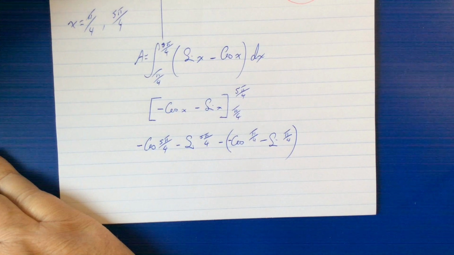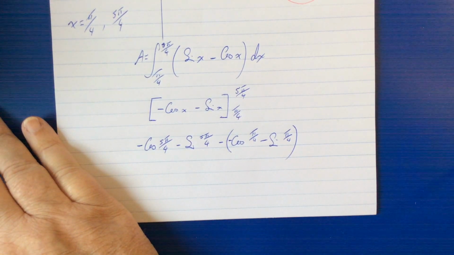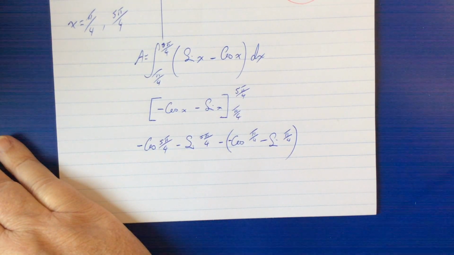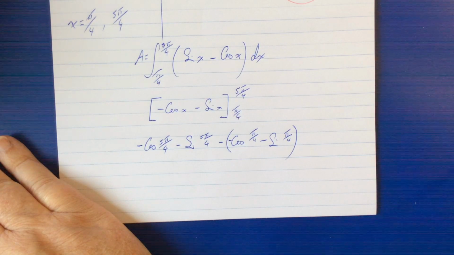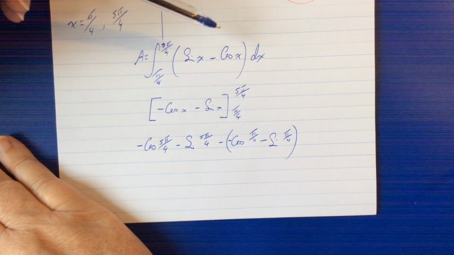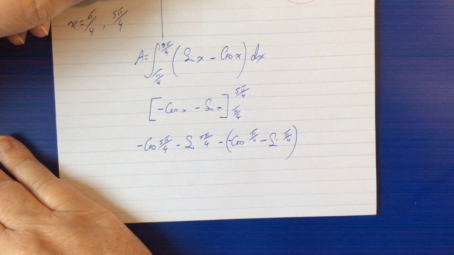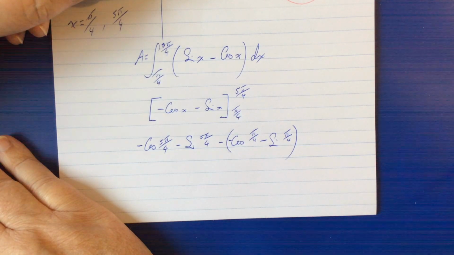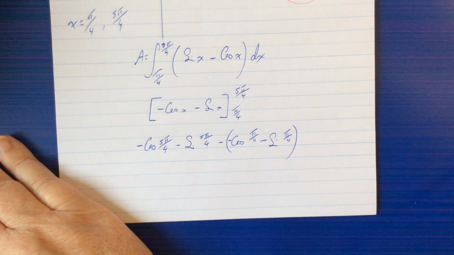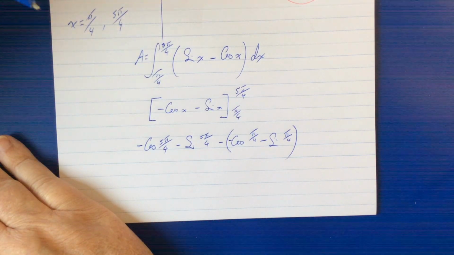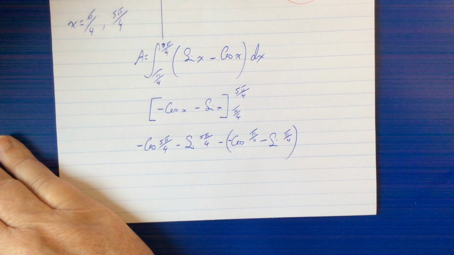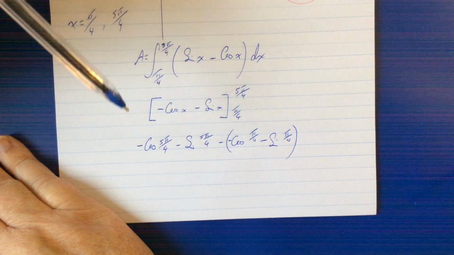So, what is the negative cosine of 5 pi on 4? Well, it would be pi plus pi on 4, which puts it in negative territory for a cosine, but because we've got a negative here, it's negative negative.